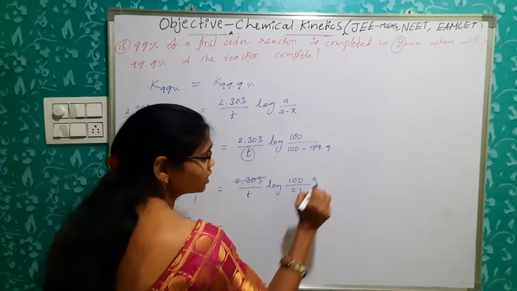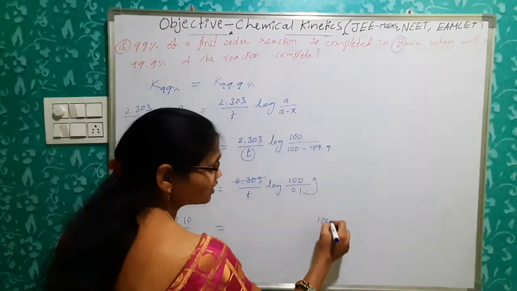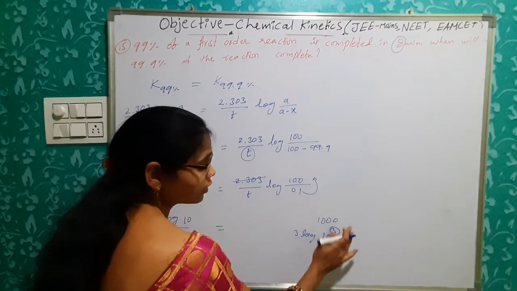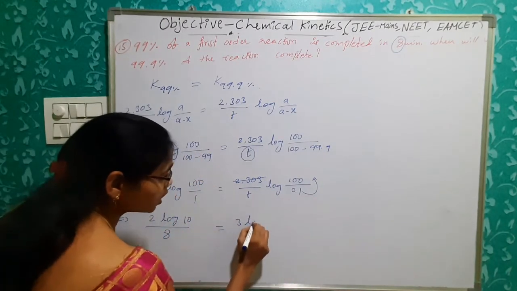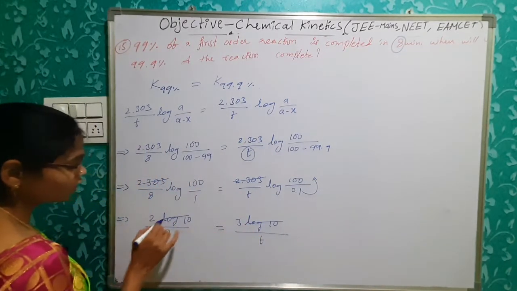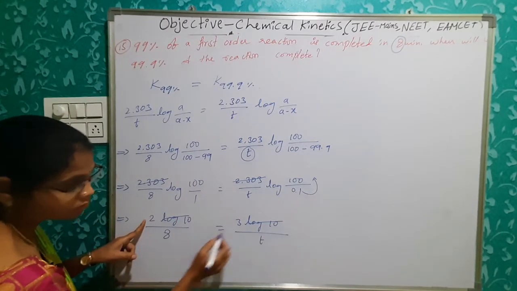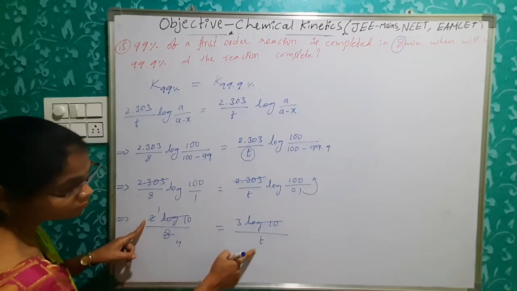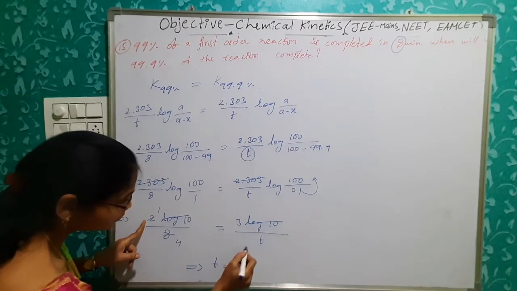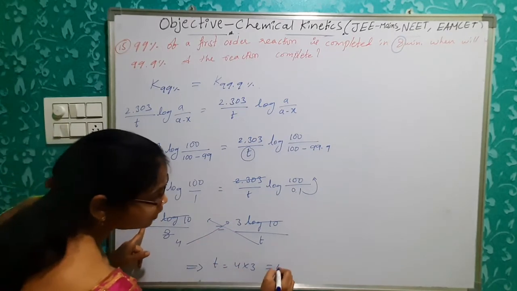The 0.1 goes to the numerator, so 100 converts into 1000. 1000 means 10 cube, and 10 cube means 3 log 10, by T. So log 10 mutually cancels. So here 2 by 8 is 1 by 4. Now T is equal to 4 into 3, which means 12 minutes.